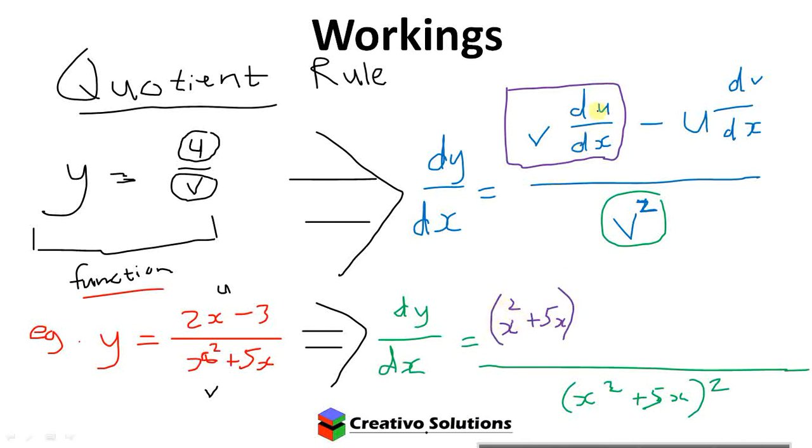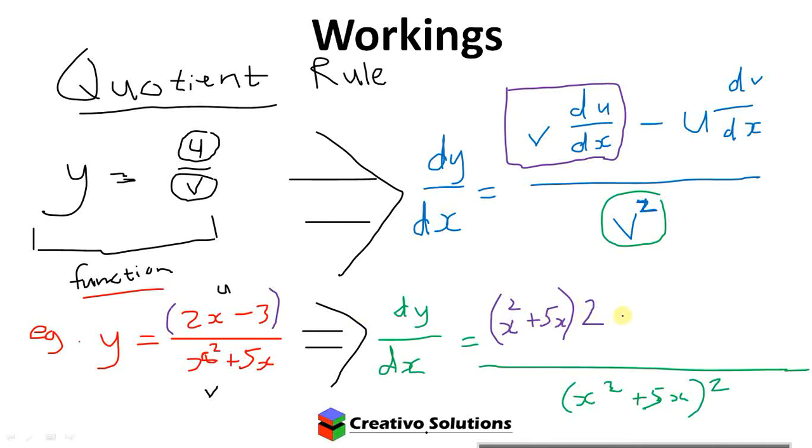And I need to multiply that by du over dx. du over dx is not a fraction; it is the derivative of u in terms of x. So what is my u? 2x minus 3. What is the derivative of 2x minus 3? The 3 falls away. The derivative of 2x is 2. There we go, times 2.